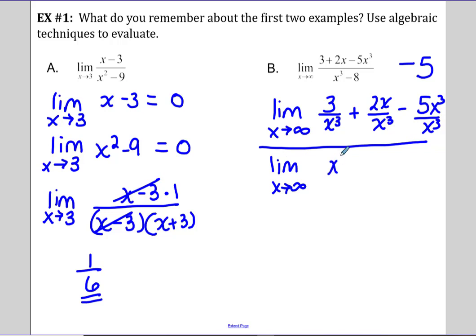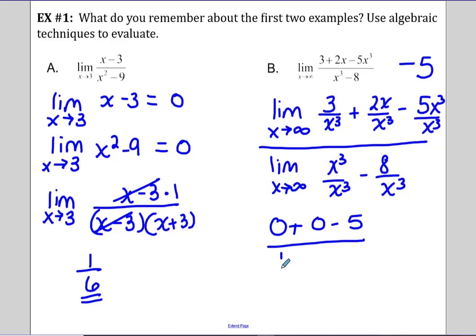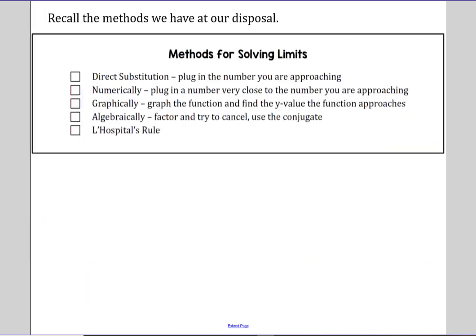We would have ended up with 0 minus 5 divided by 1 minus 0, and that would lead us to -5. So those were called the factoring technique for A, and the dividing out technique for B. Those were the approaches we used back in Calc AB.